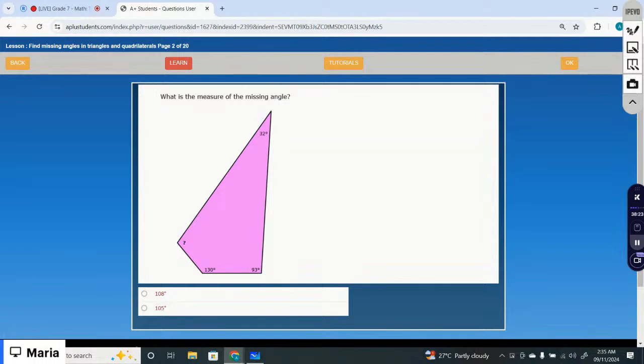So let's just add all the angles: 32 degrees plus 93 degrees plus 130 degrees, that is 255, subtract from 360, so that is 105 degrees. That is 105 degrees.